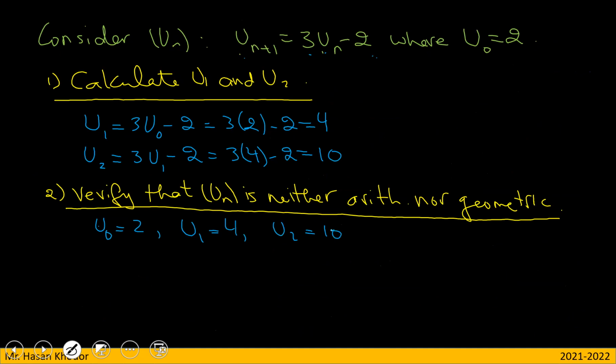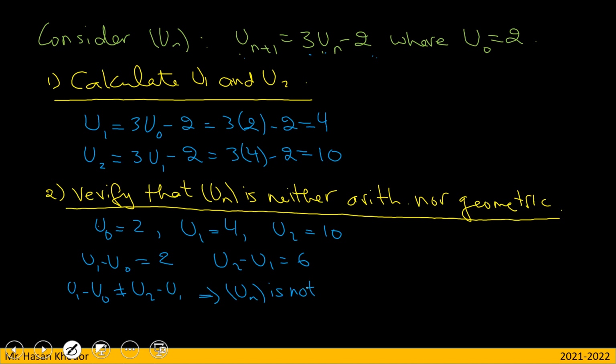Testing the differences, u1 minus u0 is 4 minus 2. u2 minus u1 is 10 minus 4. As u1 minus u0 is different from u2 minus u1, consequently we say un is not arithmetic.